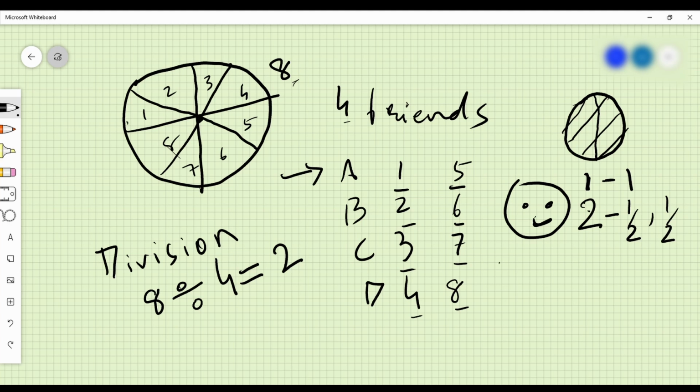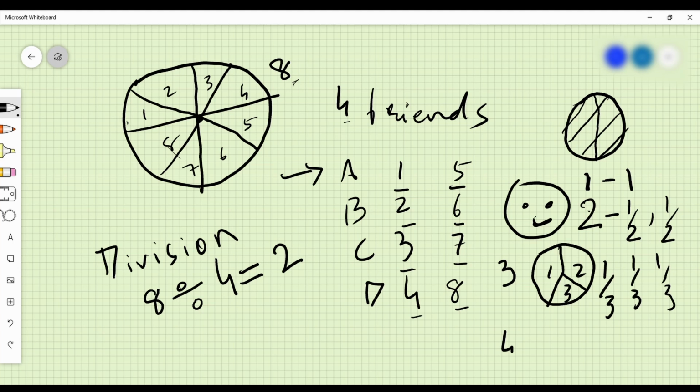Now if another friend comes from the neighborhood, in that case I will get this pizza and I'll try to cut it in 3 pieces, 1, 2 and 3. In that case, all of us will get 1/3 of the pizza.